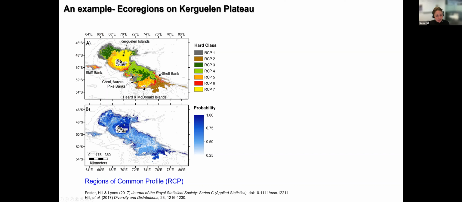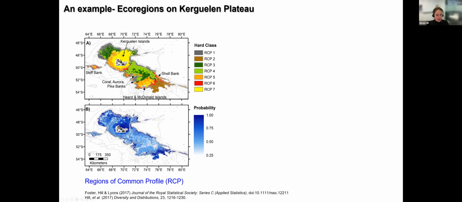And importantly, we can also quantify the uncertainty in our predictions. So we actually get predictions that are continuous, so the probability of a particular group occurring there. And we can map how certain we are that it's going to be this particular group.